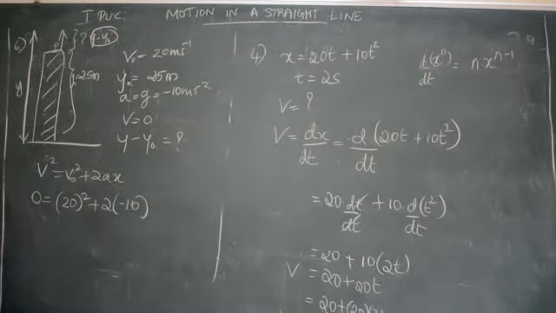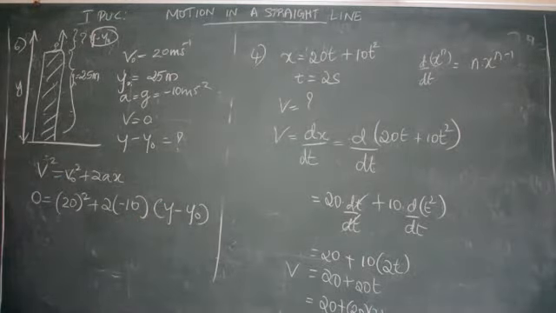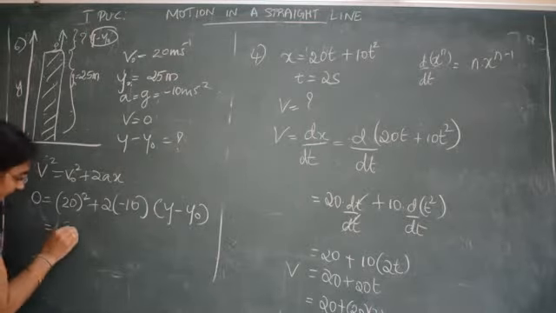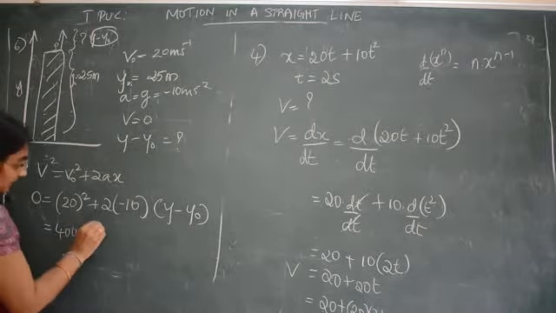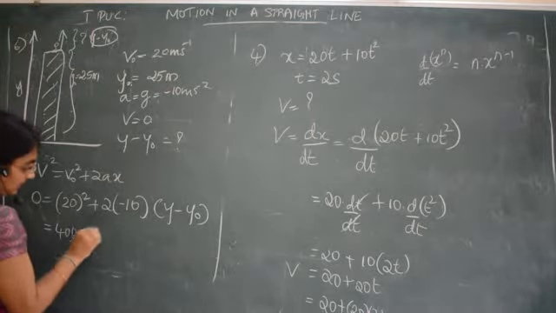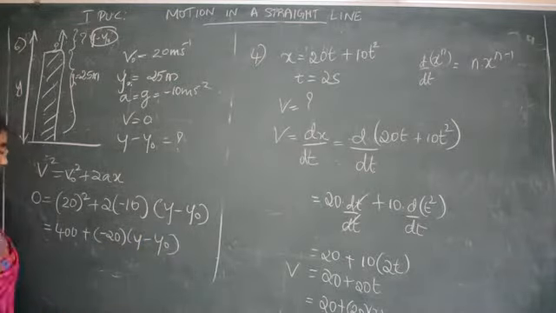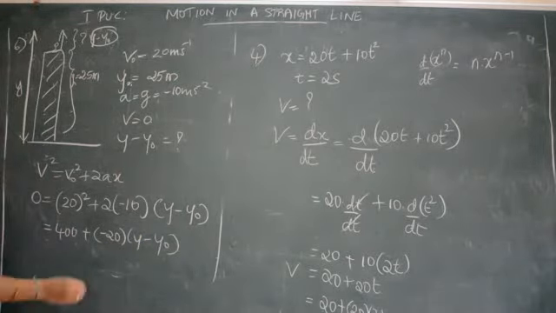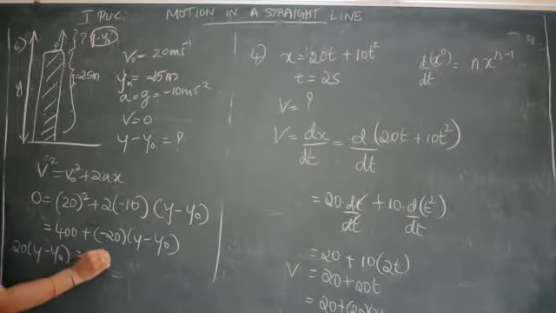So 0 equals 20 squared, 400, minus 20 into (y minus y0). Taking it to the other side, 20 into (y minus y0) is equal to 400.